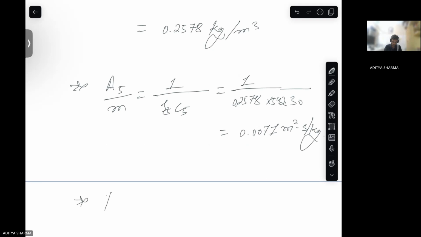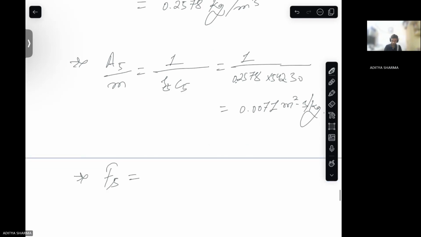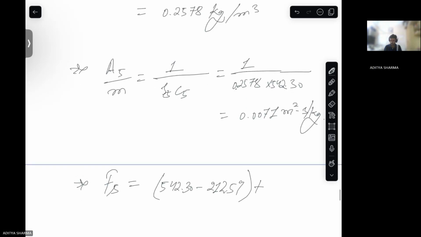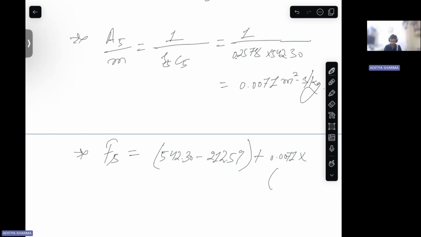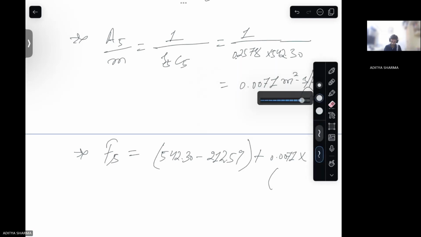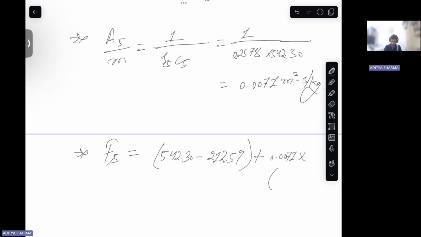So C5 is 542.30 minus Ca is 212.59 plus A5 by m is 0.0071 into this pressure, PC 0.5701 minus Pa 0.2080.